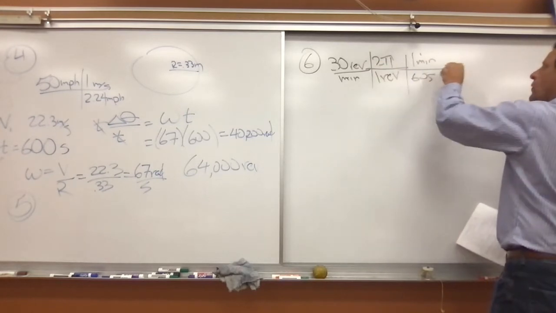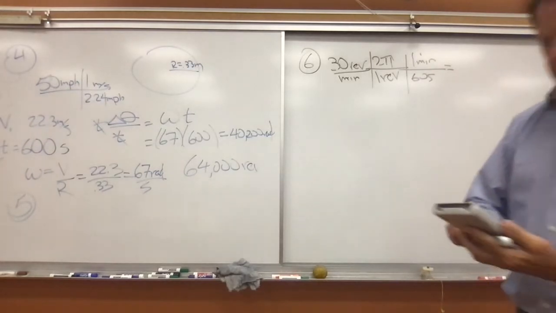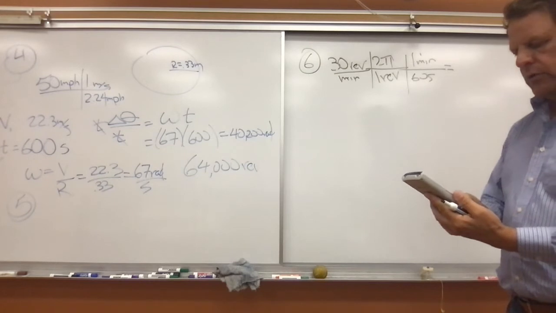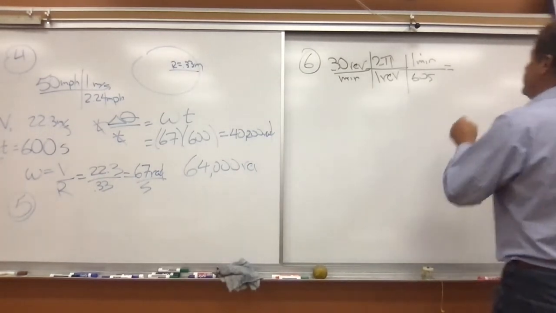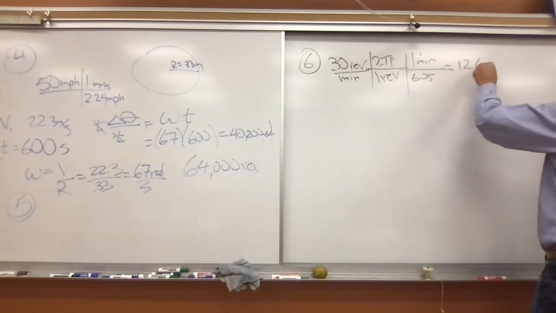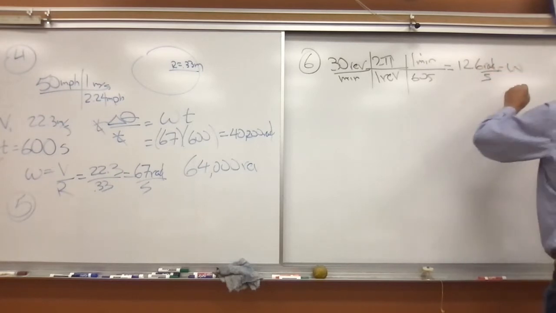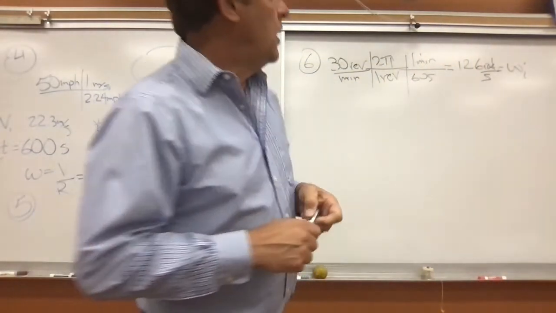So we're going to have 4 pi, which is going to be about 12.6 radians per second. Okay, so that is our initial omega.